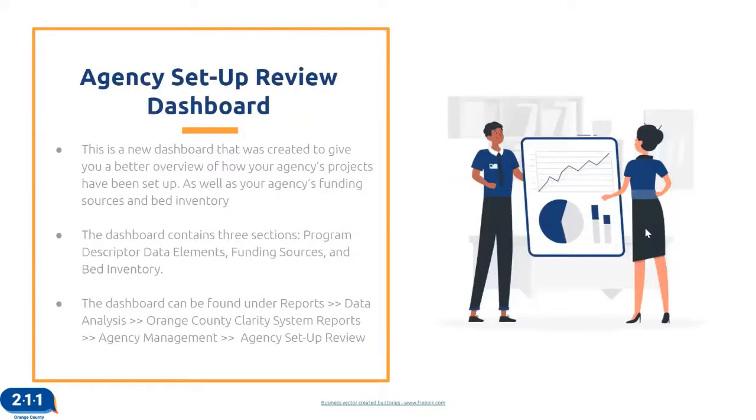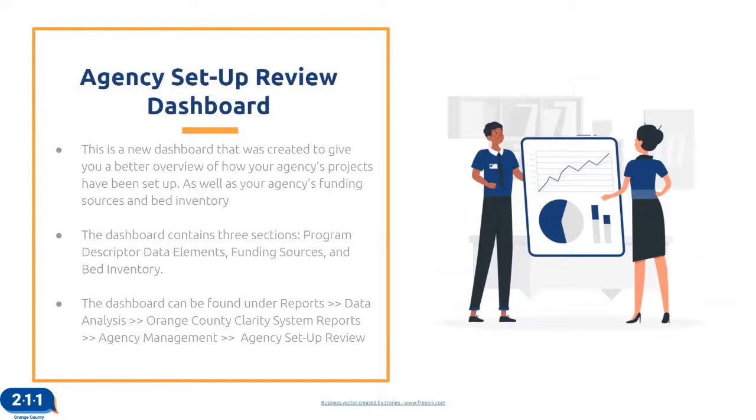And next we'll have Diana share. Good morning, everyone. We have a new dashboard available. It's called the Agency Setup Review Dashboard. This dashboard was created to give you a better view of how your agency's projects have been set up in HMIS, as well as your agency's funding sources and bed inventory.